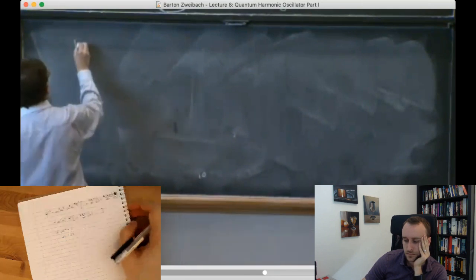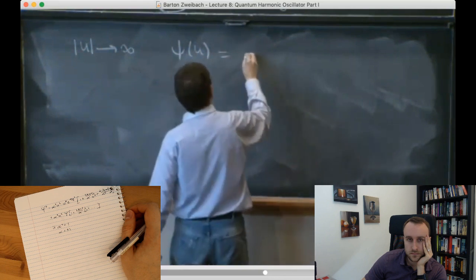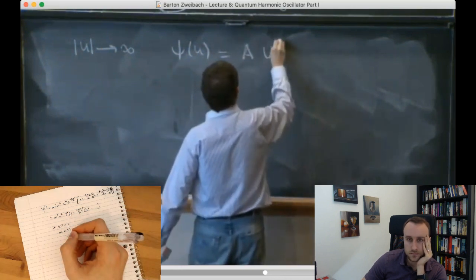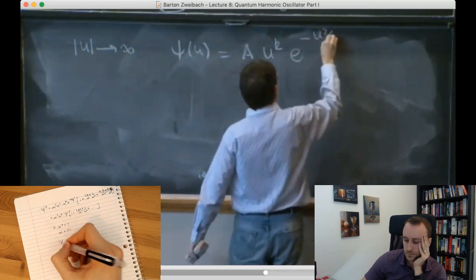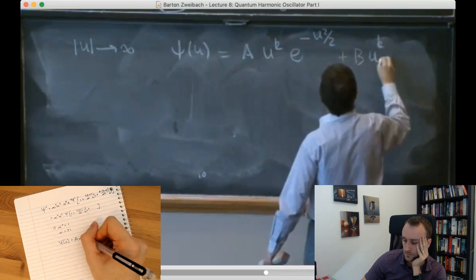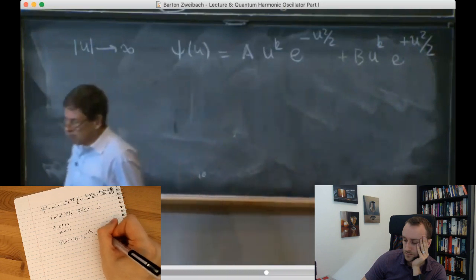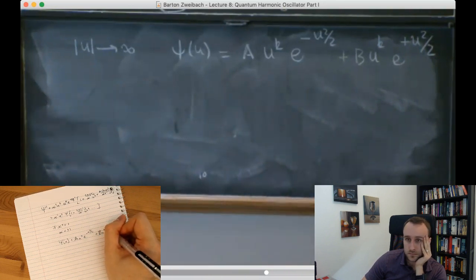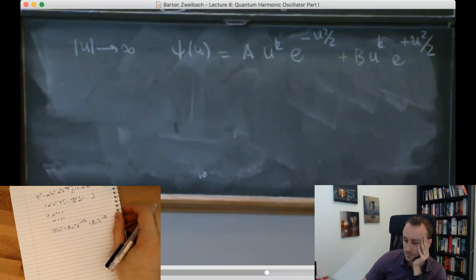So we expect that as u goes to infinity, psi of u will be some constant a times u to the k times e to the minus u squared over 2, that's for alpha equal minus 1, plus b u to the k e to the plus u squared over 2. And what is k? Well, we don't know what k is. It seems to work for all k. That may seem a little confusing now, but don't worry. We'll see other things happening here very soon.